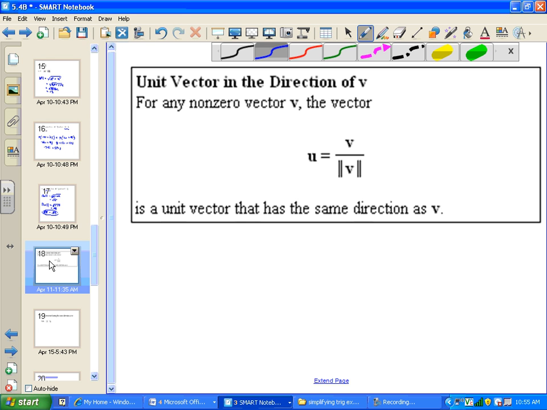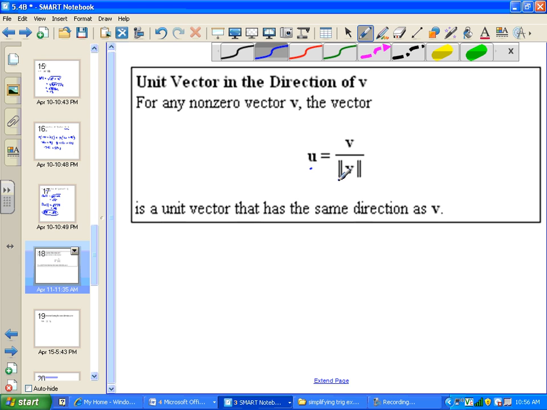So notice the unit vector, they say U, is equal to the vector, V for vector, divided by, what does this mean right here? The magnitude. So you have to take the vector and divide it by the magnitude. That's basically how you find the unit vector.